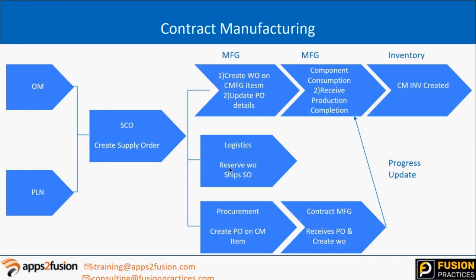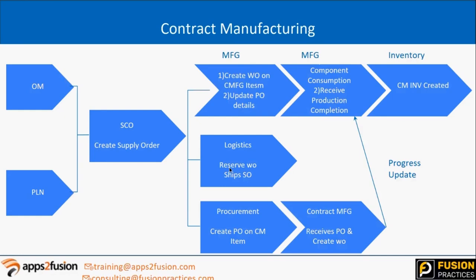Yeah, so you have to look at two sides of the equation. One is the main organization, which is the one placing the order on the contract manufacturer, and then you have the contract manufacturer. These are two different inventory orgs, because the contract manufacturer is modeled as a separate inventory org. So the requesting org is going to create a supply order.